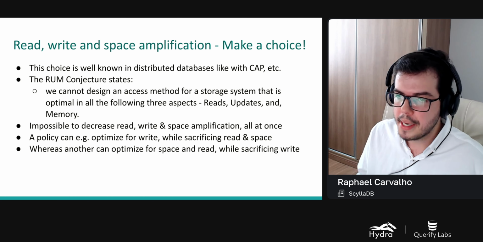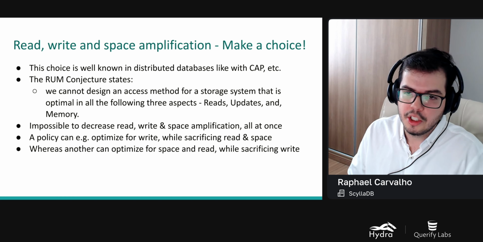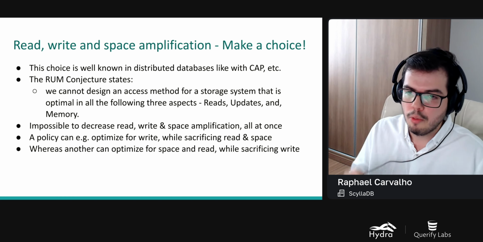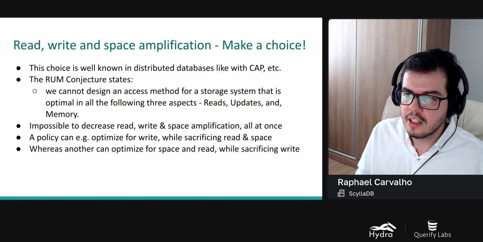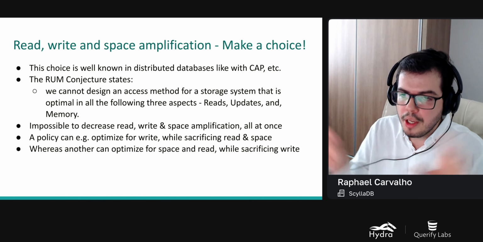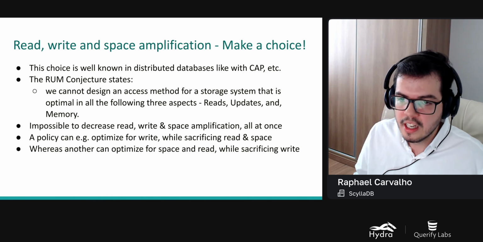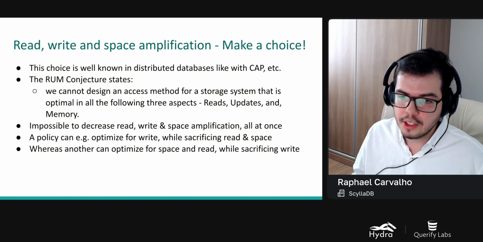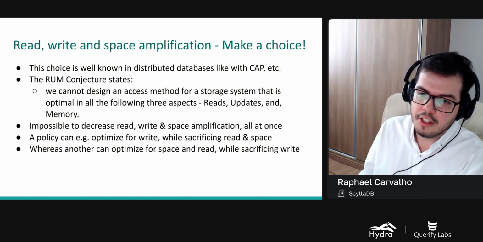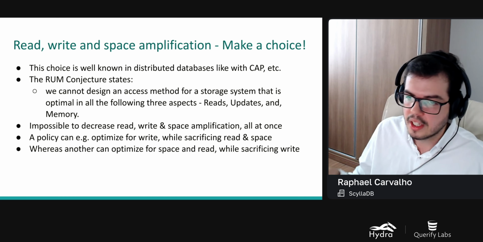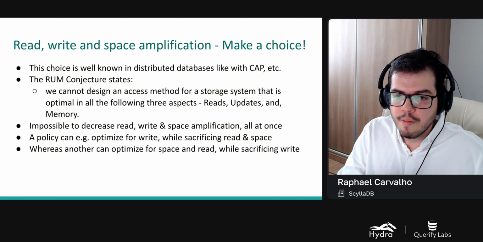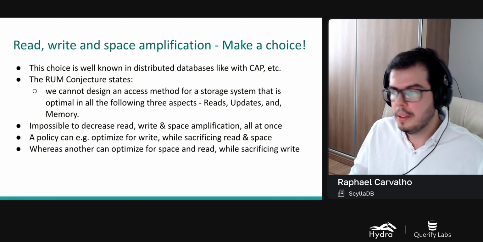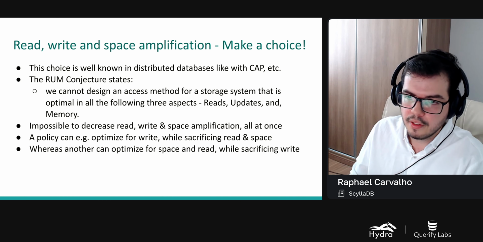So the RUM conjecture basically states that a storage system can't be optimal in read, update, and space. So it's impossible to decrease all the amplification factors at once. You have to make choices. You can optimize for write, but you are going to have to sacrifice read and space. And the other way around, you can optimize space and read, but introduce a new problem, which is write amplification.